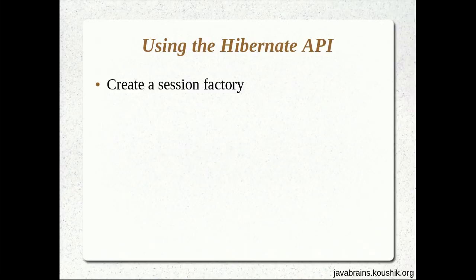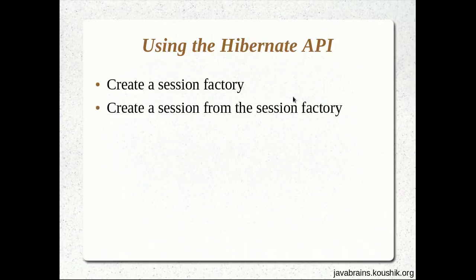We have used the hibernate.cfg.xml configuration file to tell Hibernate what our database is, what are the configuration we need, and all those things. So using this configuration file, we will be creating a session factory. So that's the first step. Now after we create a session factory, which is, again, as I mentioned, only once in your application, you will create sessions from the session factory every time you want to use the database, be it to save or to retrieve data, whatever it is.